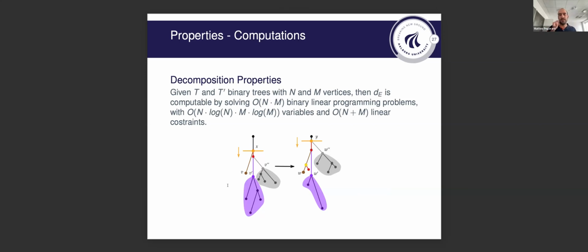And okay, now I want to make a point very clear. I was able to prove some decomposition properties for this metric, which means that if we have the optimization problem of computing the global matching between two trees, you can split it up into smaller subproblems and then aggregate the results to find the global optimal matching. And I framed this using binary linear programming.